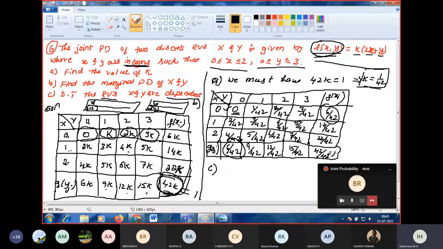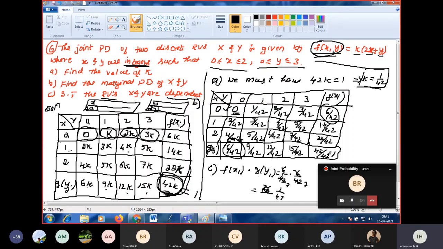So f of x1 into g of y1 is equal to f of x1, which is 6 by 42, times g of y1, which is 6 by 42. 6 sixes are 36, correct? 36 by, 6 sevens are 42, that is 1 by 49.